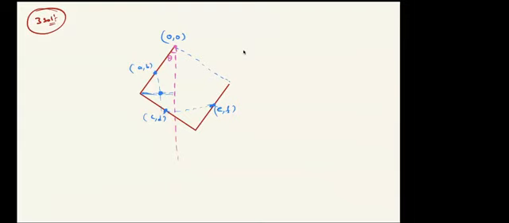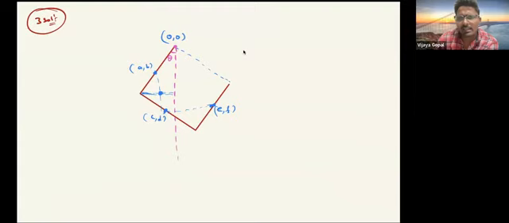Sir, how can we say that the Y axis is on the left or right side of C comma D? Don't bother about whether it is on the right side or left side, don't bother about where the line is. You just find the coordinate of the center of this rod, this rod, and this rod, and then just find XCM.